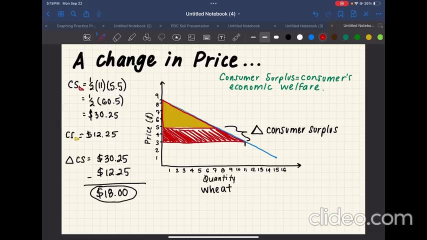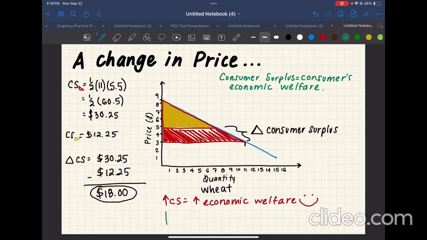In general, when consumer surplus is high, that means that consumers are doing really well. There's a high economic welfare. Consumers are getting a lot more utility than they are paying for, so we're all happy.